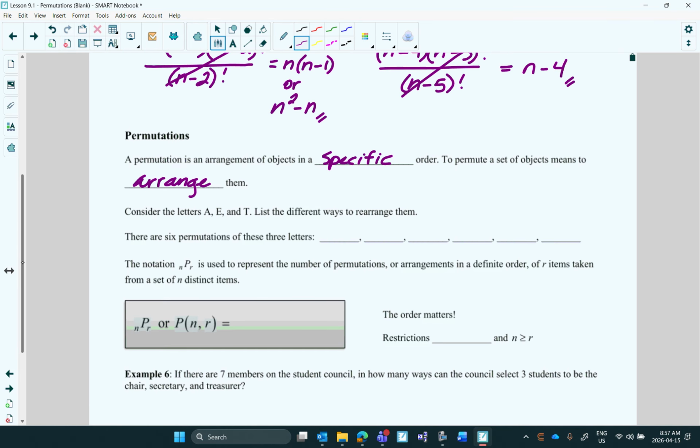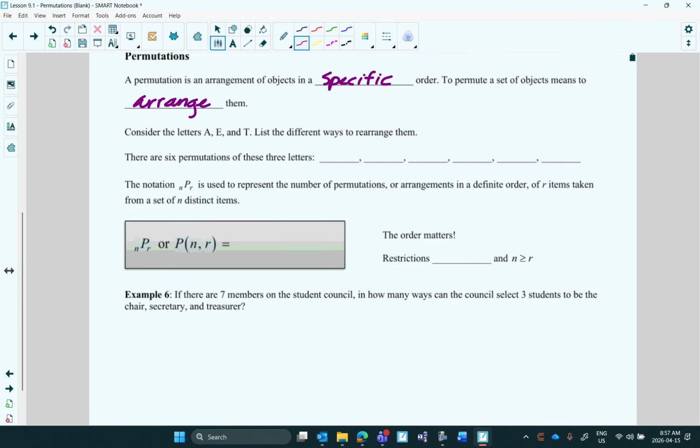So as an example, we've got the letters A, E, and T. We want to list the different ways to rearrange them. Well, if we do it just sort of writing them out, I would go, okay, I could do A, E, and T. I could switch the order of the E and T and get a different arrangement, even though it contains the same letters.